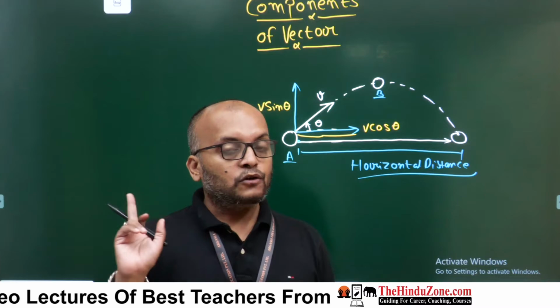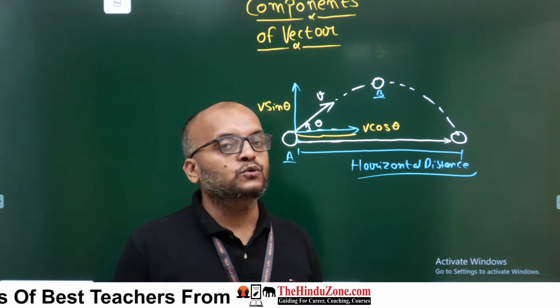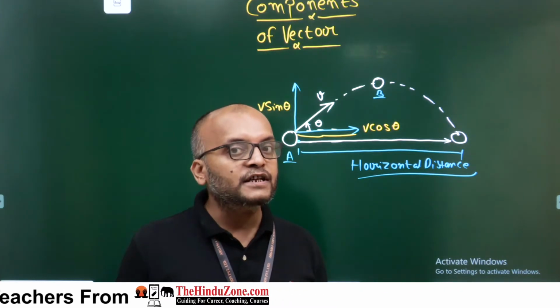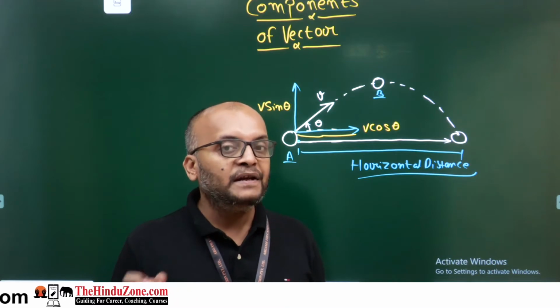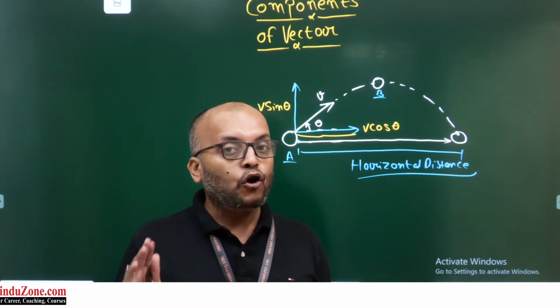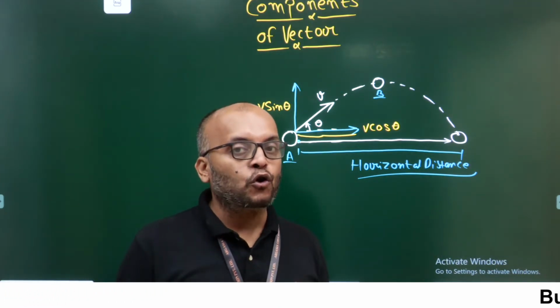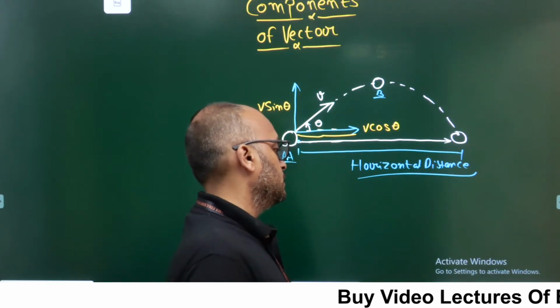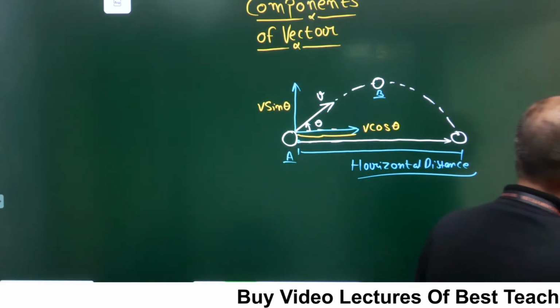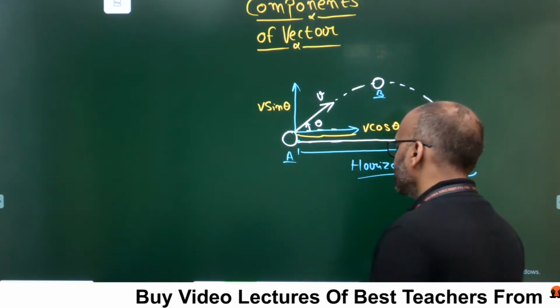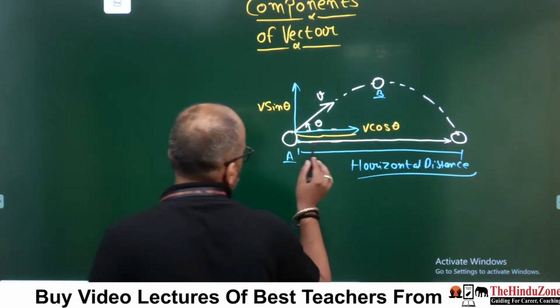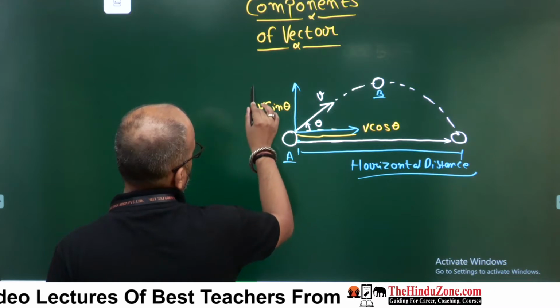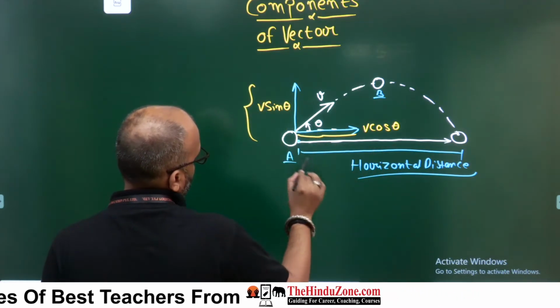No. The component closer to the angle will be cos and the component perpendicular to the cos component will be sine. Tell me yes or no. Hello. Yes or no? Understood it or not? Yes, yes, yes. Is this clear to everyone? So this is sine, this is cos.